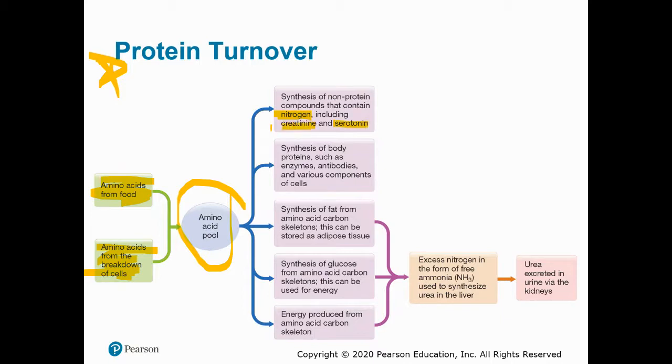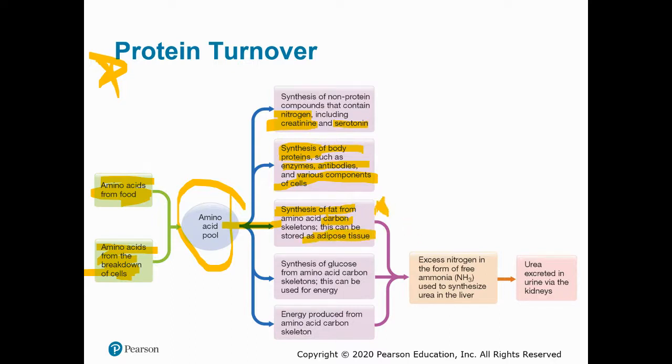Examples would be serotonin and creatinine, or to build body proteins such as enzymes, antibodies, some hormones like insulin, and various other components of the cell, lipoproteins. Or we would use amino acids to synthesize fat from that carbon, hydrogen, oxygen skeleton, and then we can store that as adipose tissue.